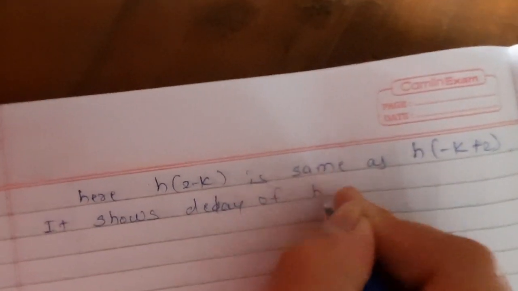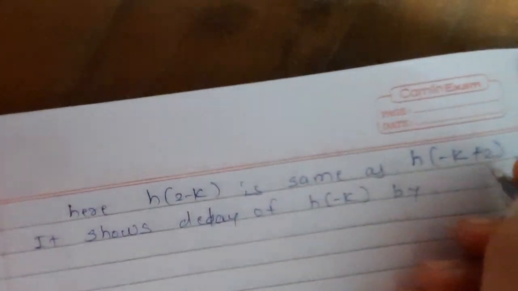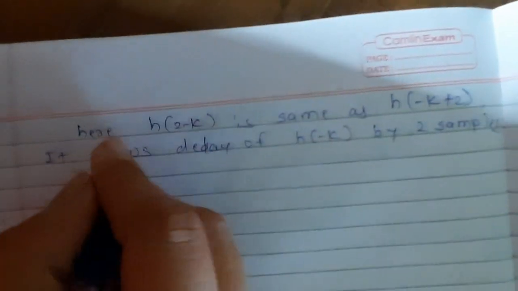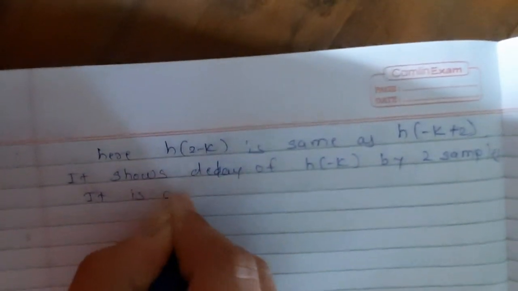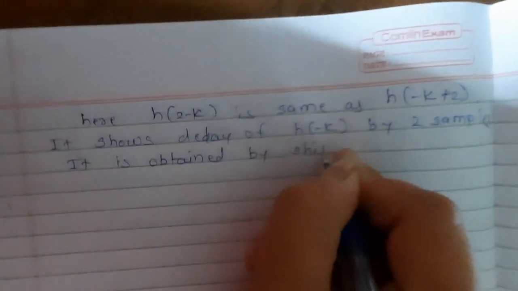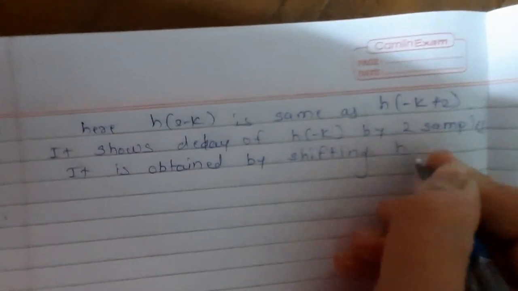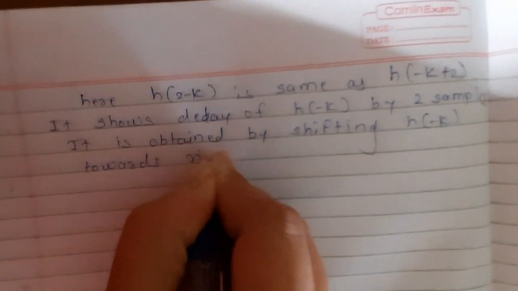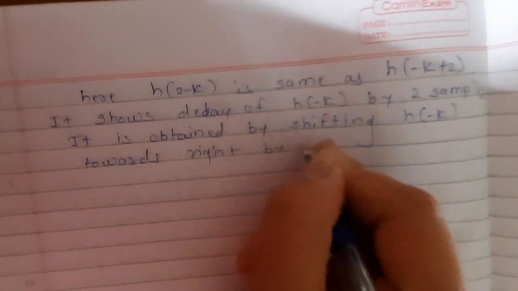Similar process, and it shows delay of h of minus k by how many samples? By 2 samples. So it is obtained by shifting h of minus k towards right by 2 samples.